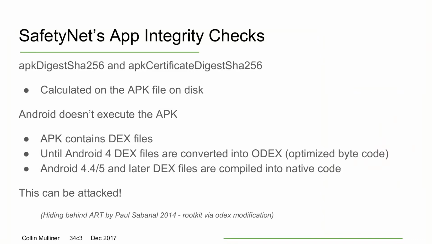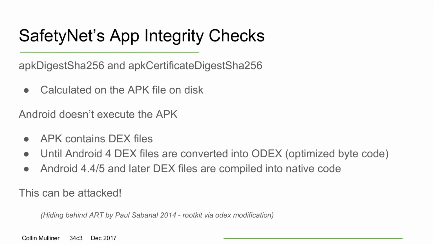But if you know how Android actually works, you know Android doesn't actually execute the APK. Because APKs contain DEX files, and until Android 4, DEX files would be converted to ODEX, optimized DEX files, which is bytecode. Android 5 and later just compile the DEX code to native code.